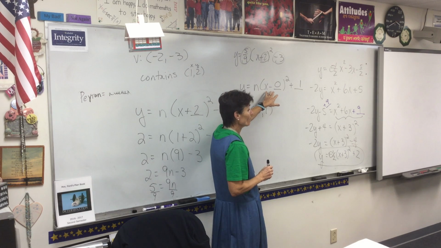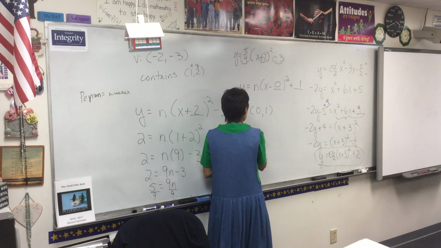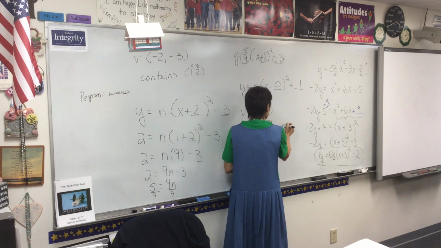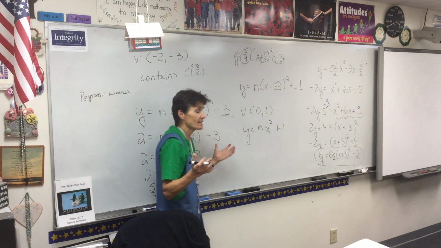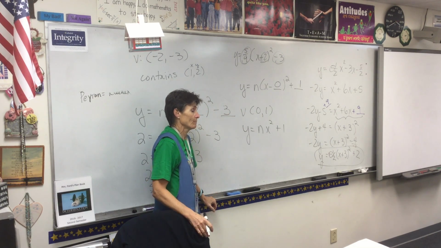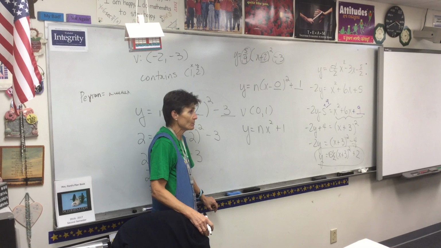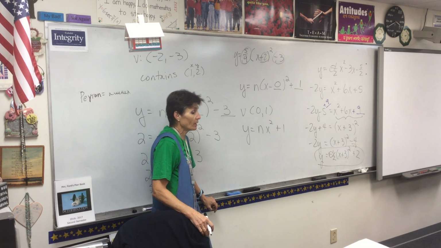Now, if you don't want to write x minus 0 squared, it's okay if you just write x squared. That's okay. It's the same thing. But if you want to leave the 0 in, that's fine too. Now what? We're almost done. What do we have to do now? Plug in.